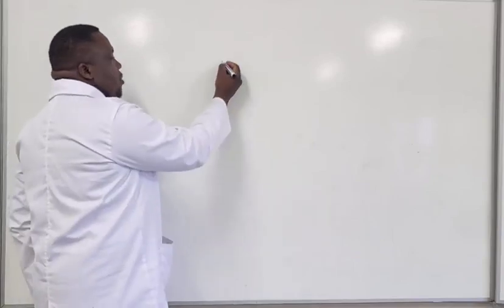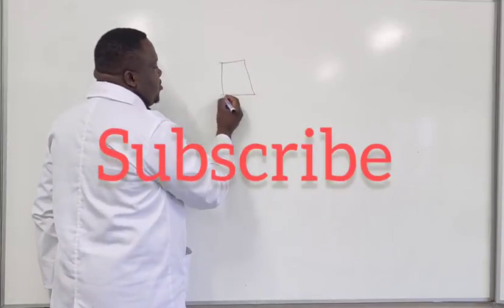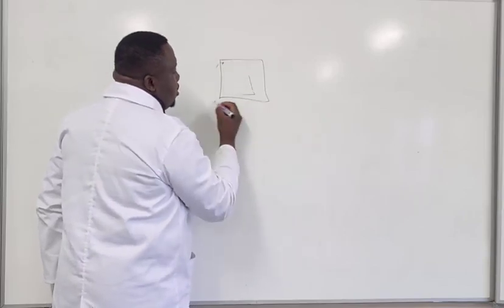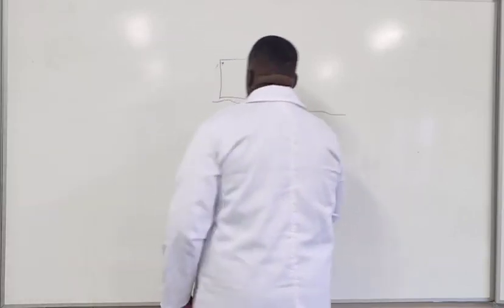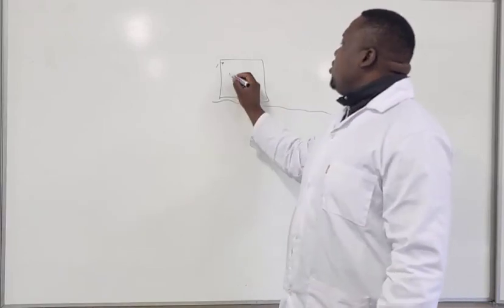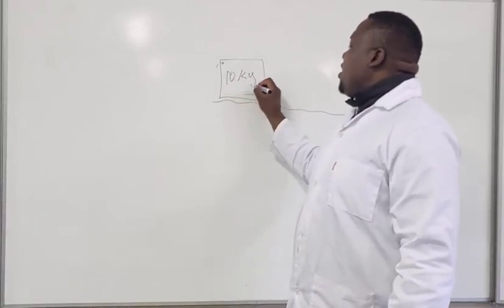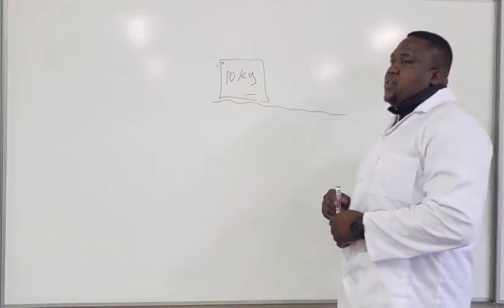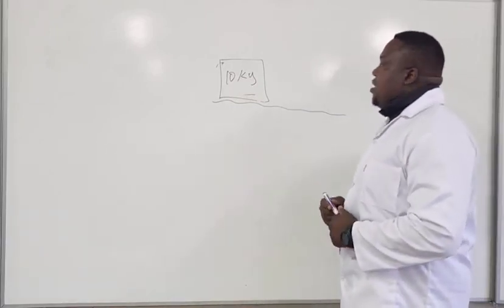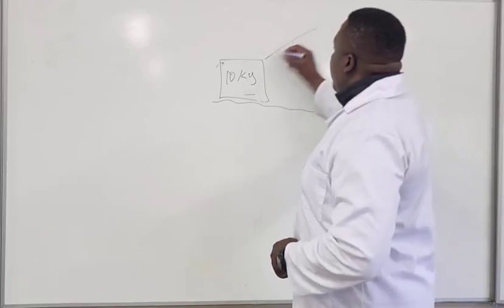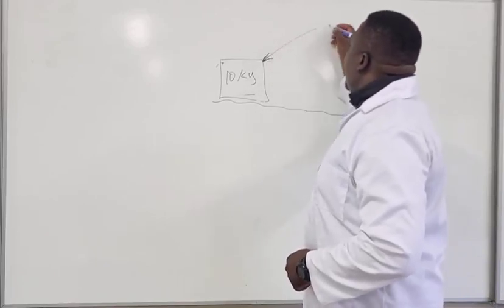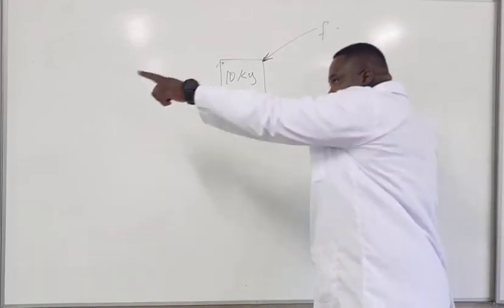Let's say we have an object, here is an object like that, on a rough surface. I've already told you that the words rough surface mean that there is friction. Then there is force F, you can see where the force is pointing, that side.